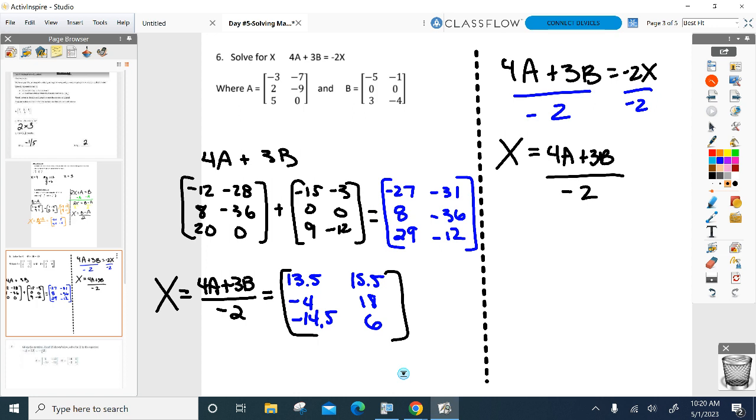We're all matching here. Make sure you divide by negative 2.